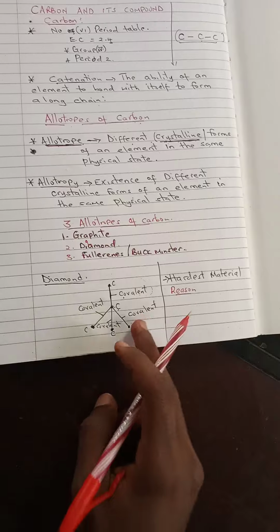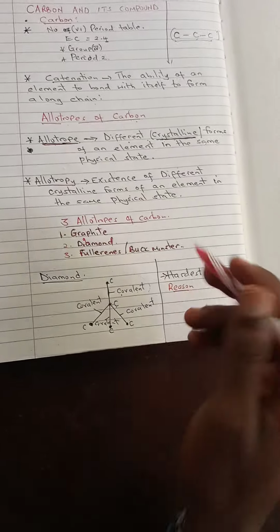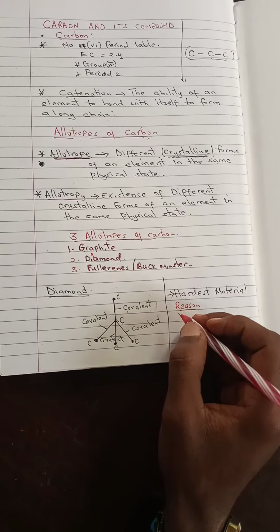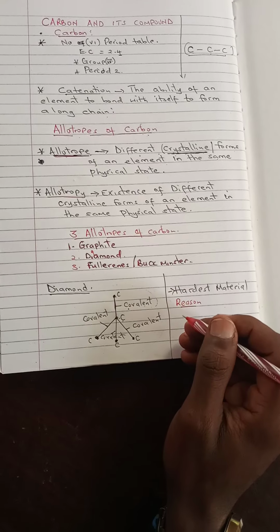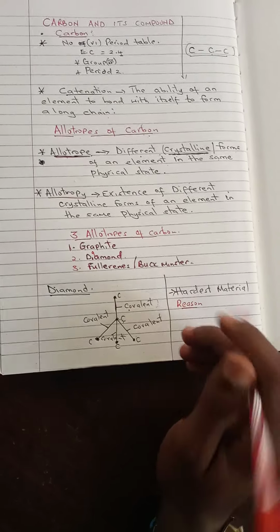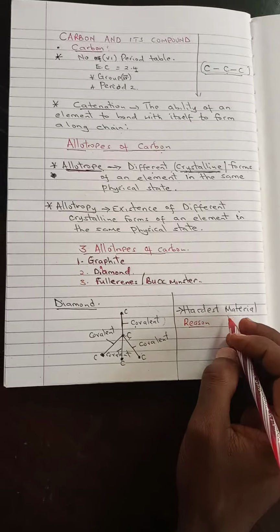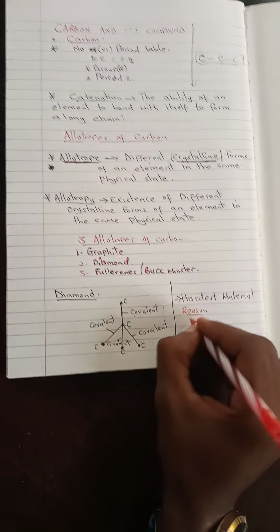So there's uniformity in the strength of the covalent bond throughout the structure, and because of that we can say that diamond is one of the hardest materials.